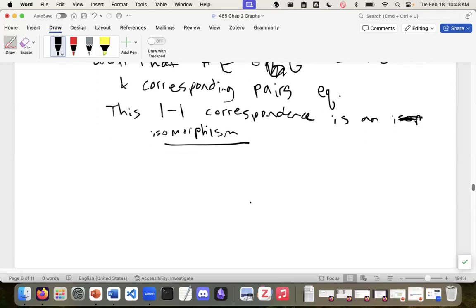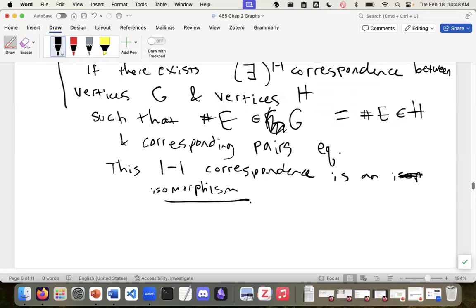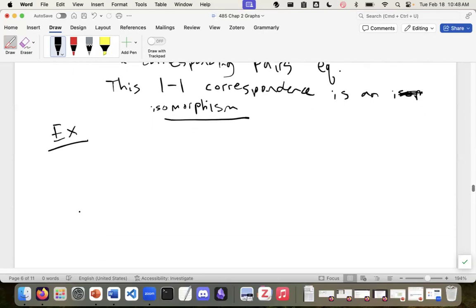Okay, so the example for this is we're just looking for, can we relabel them? And can we relabel every vertex in one and every vertex in the other to have them be the same? So for an example, we've got a 4-vertex graph. One's U, one's V, one's X, and W. W's got a self loop.